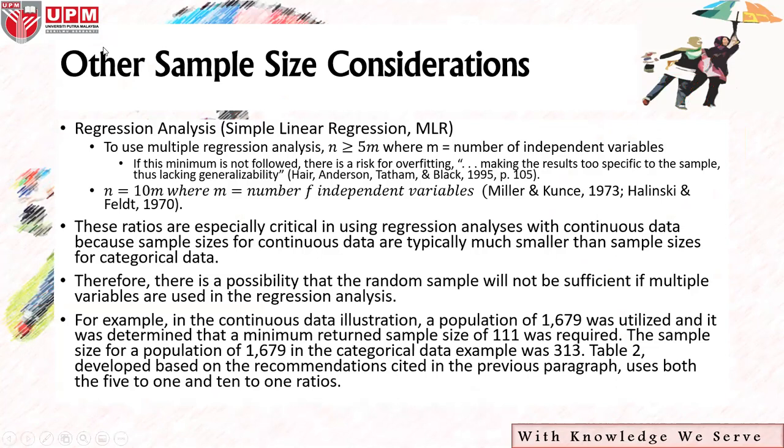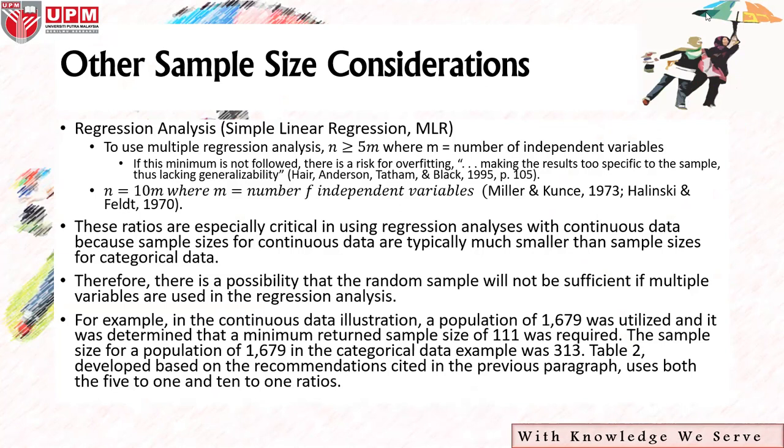Okay, next strategy. Other consideration that we can apply to determine our sample size is a specific type of analysis. For example, regression analysis. If you use simple linear regression or multiple linear regression analysis, the recommended sample size is n larger than or equals to 5m, where m equals the number of independent variables.